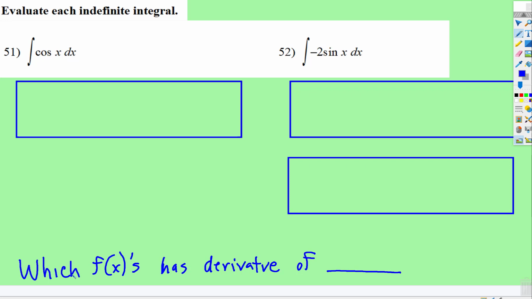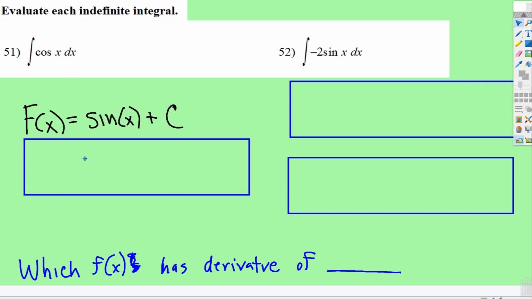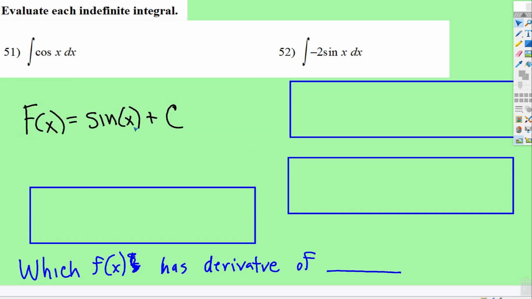So the question is, which function's derivative is this? Well, we know that sine's derivative is cosine x, so capital F of x is sine x plus c.